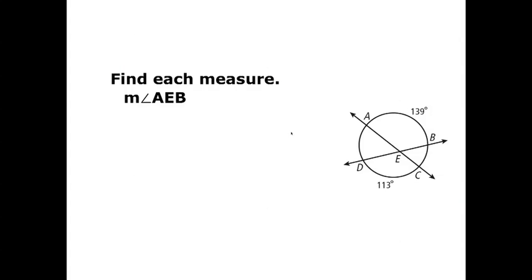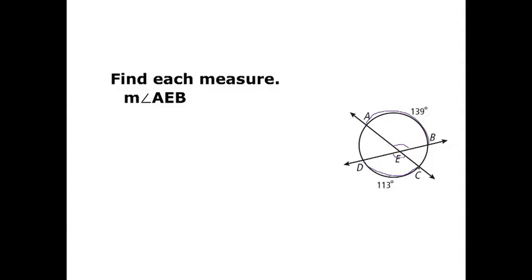So let's use that idea here. I want to find the measure of angle AEB. AEB is this angle right here. So what I notice is, of course, that's going to be the same as this angle, and the arcs that are being intercepted are arc AB and arc DC.